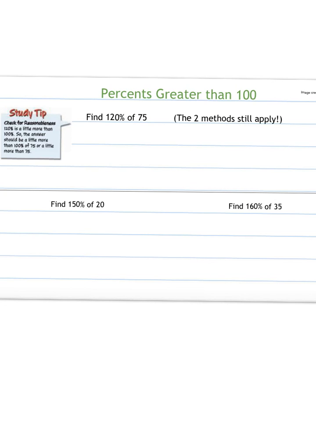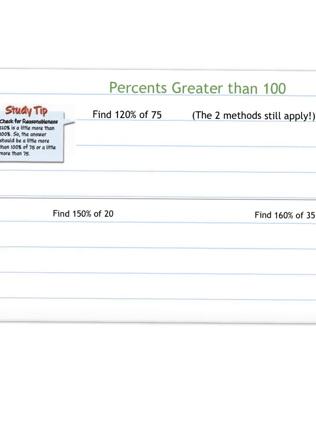All right, so now we are looking at when percents are greater than 100. Both methods will still work for this. Okay? So I am going to try this top one, 120% of 75. I'll do both methods, first as a fraction. 120% would be 120 out of 100 times 75 over 1.